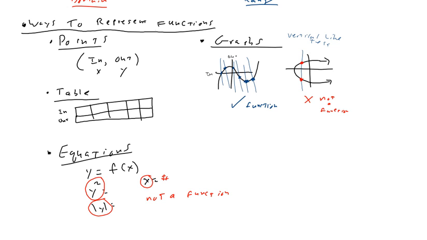For the table and the points, remember our x values, our inputs, cannot repeat. For graphs, you can't have the double line. For equations, you can't have the y squared and all those things. These were the four main ways we represent functions: points, graphs, tables, and equations.